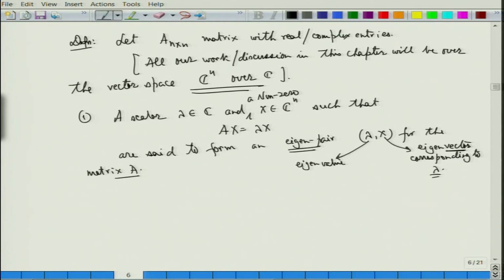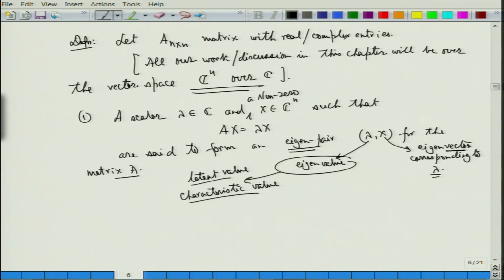Further, you need to understand some important things. Many books use, in place of eigenvalue, the words latent value, or characteristic value. There are other names also, I will not get into those, but find out yourself.